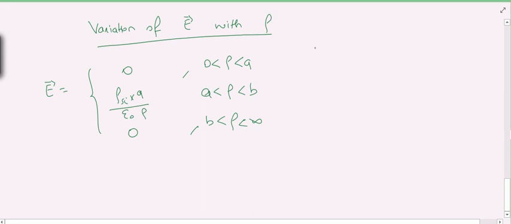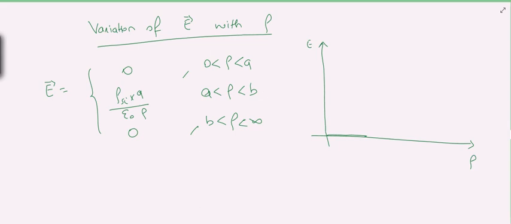So if I plot this on the graph, here this is E and here this is rho. For the 0 to A range it is 0.